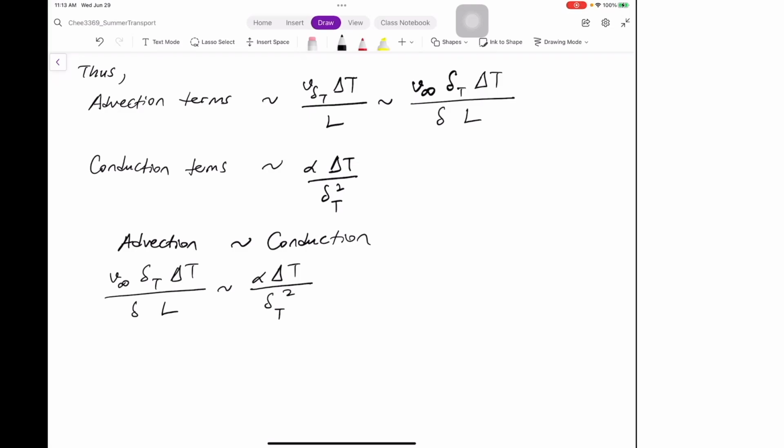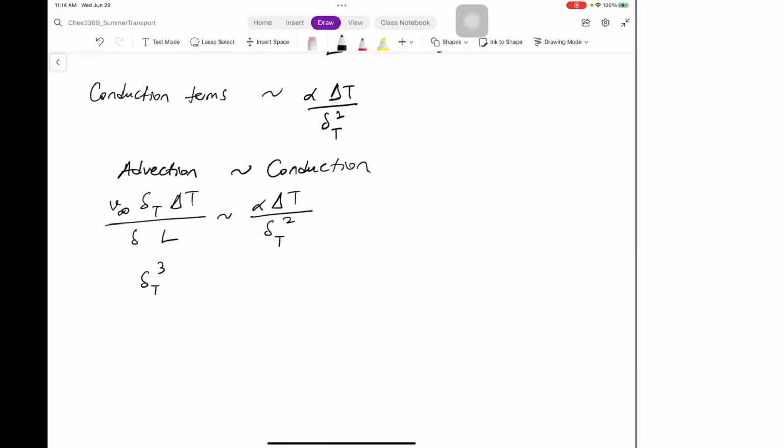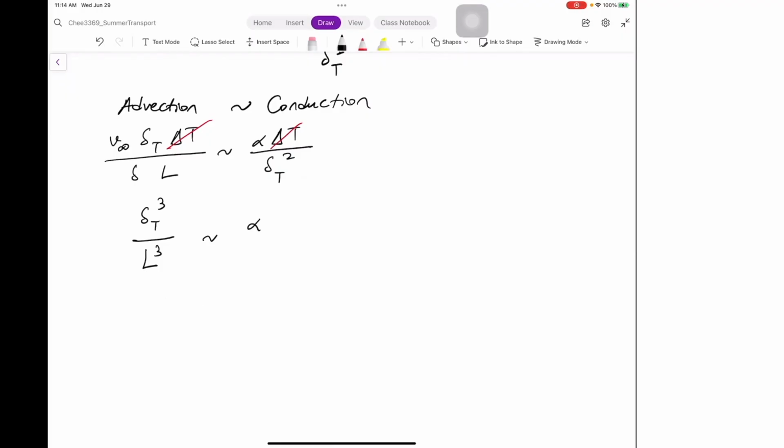From here, you get delta t cube on one side, right? And let's divide it by L cube. And that's going to be in the order of alpha, the delta t's cancel. And let's divide both sides by L squared to get the L cube on the left-hand side.